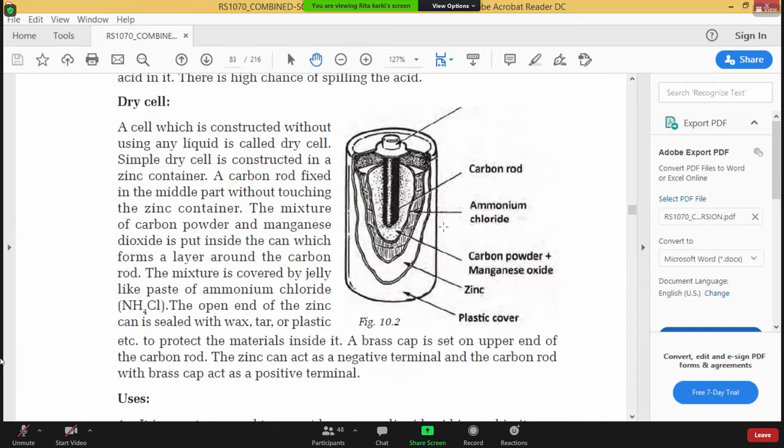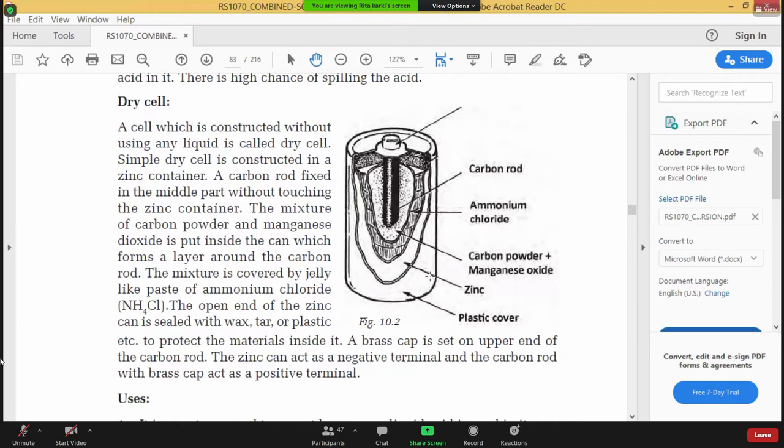Any type of liquid substances, like that in the simple cell, is not present in the case of a dry cell. A simple dry cell generally comprises a zinc container, as you can see here, a container that is made up of zinc. This zinc is covered by a plastic wrap from outside. The zinc container or the zinc case is generally covered with a plastic cover.